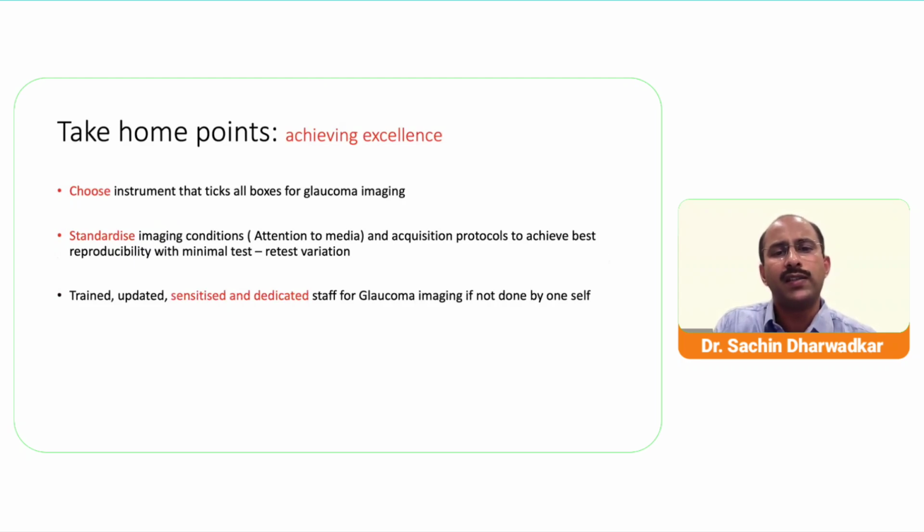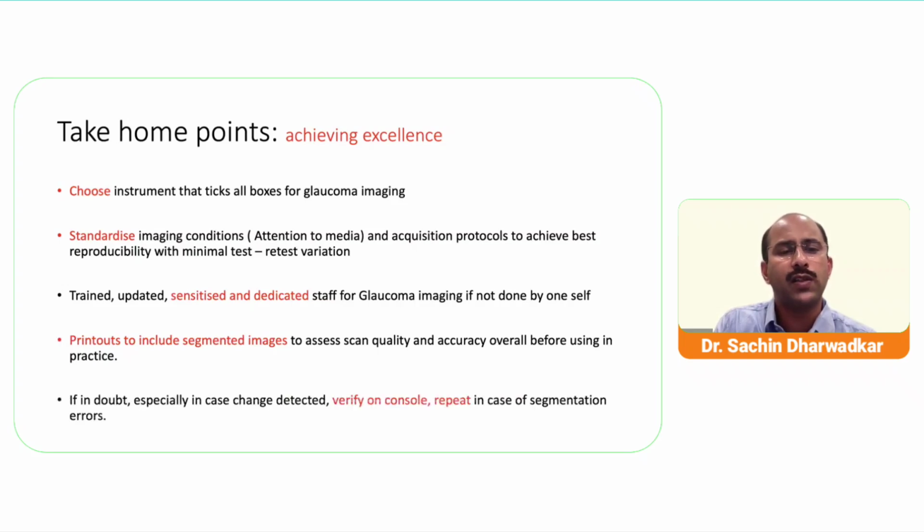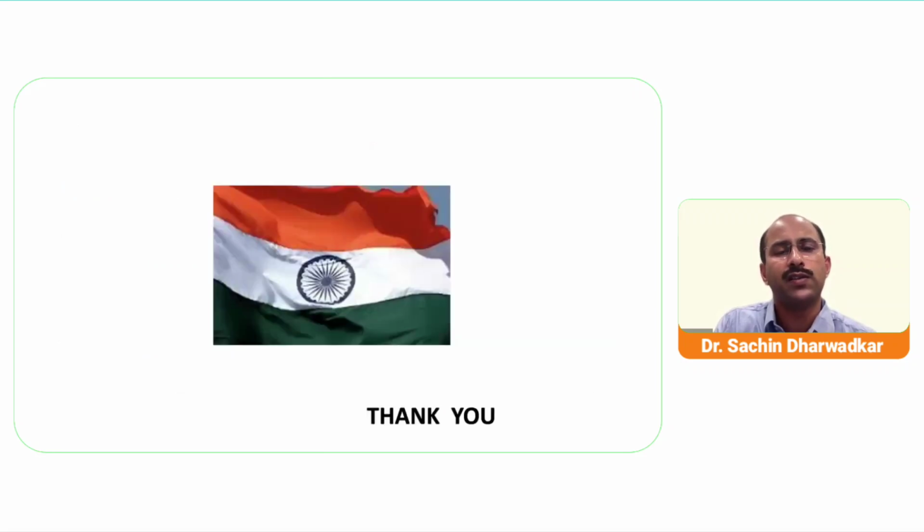Have trained, updated, sensitized, and dedicated staff for glaucoma imaging, if not done by yourself. Printouts should include segmented images to assess scan quality and accuracy overall before using it in practice. Otherwise, redo it. If in doubt, especially in case changes are detected, you have to verify on the console and repeat in case of segmentation errors.